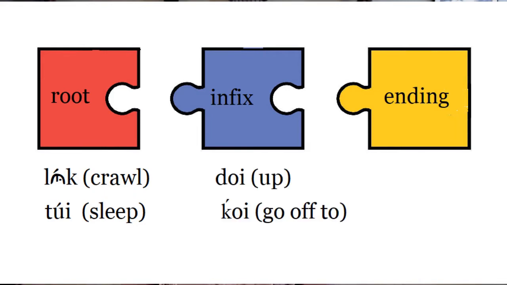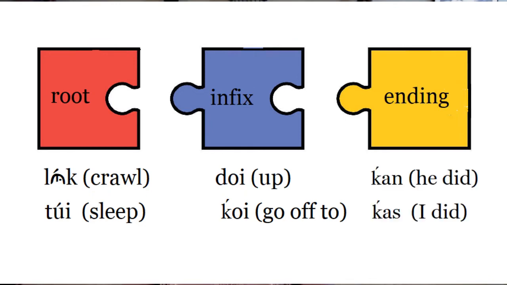Then there are the infixes, which we've learned about, like koi, ti, doi, and men. A word can have no infixes at all, or just one, or a bunch of them strung together. Finally, most words have an ending, also called a suffix. These are grammatical endings which show whether a word is a verb or a noun, and if it's a verb, who is doing the action.